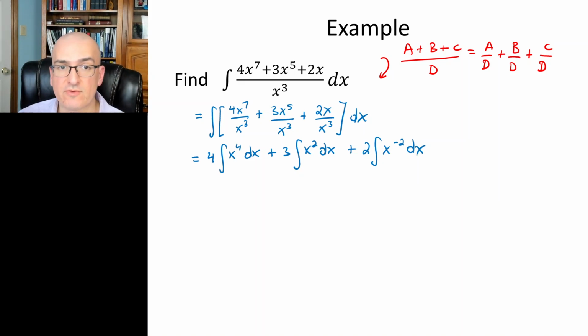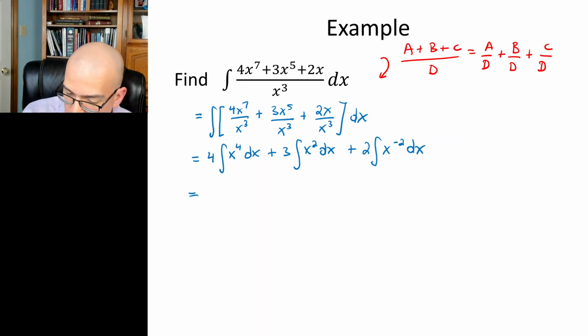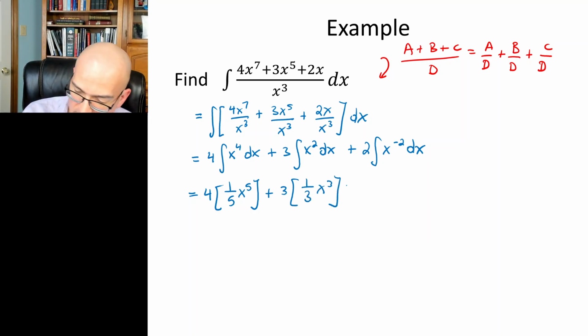And then use the anti-power rule on each piece. So we'll have 4 times 1 over 5 x to the power of 5 plus 3 times 1 over 3 x to the power of 3 plus 2 times 1 over negative 1 times x to the power of negative 1.